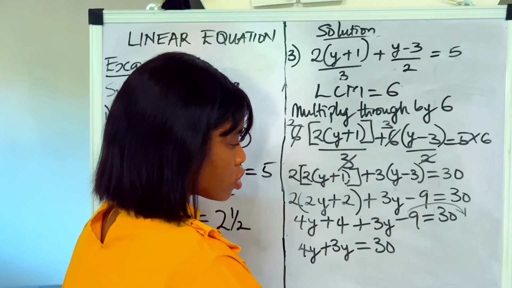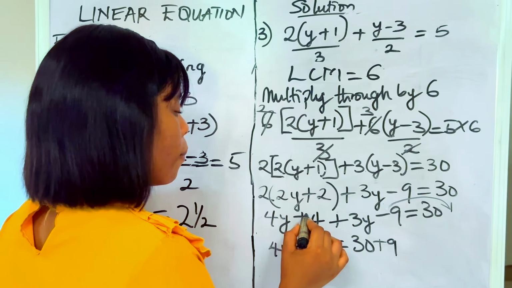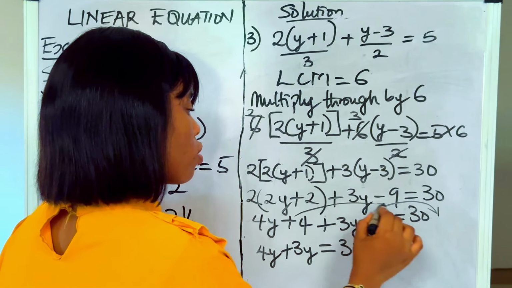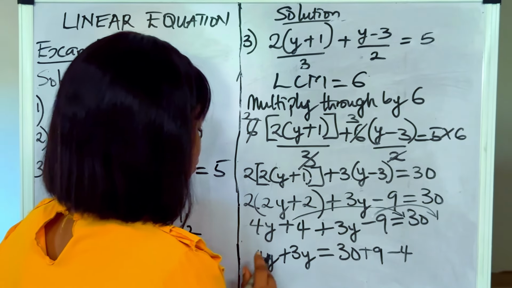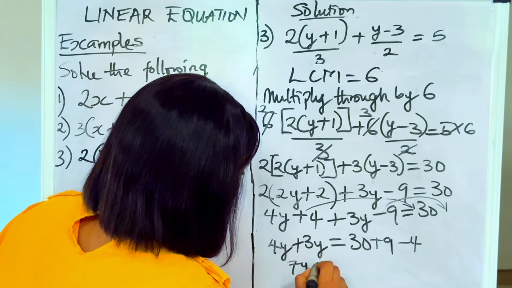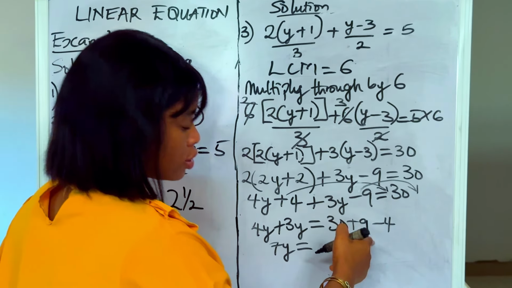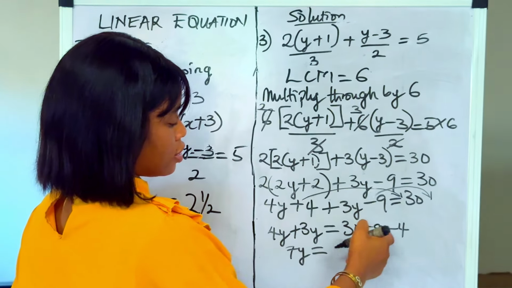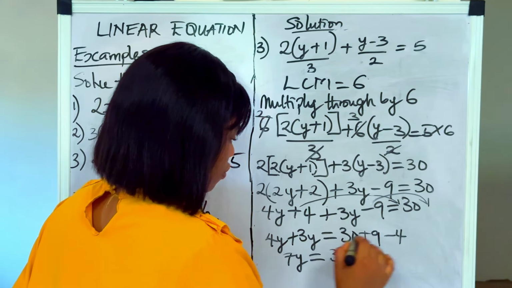Minus 9 crossing over becomes plus 9. And then plus 4 crossing over becomes minus 4. So we have 4y plus 3y is 7y equals 30 plus 9, that's 39. 39 minus 4, that's 35.